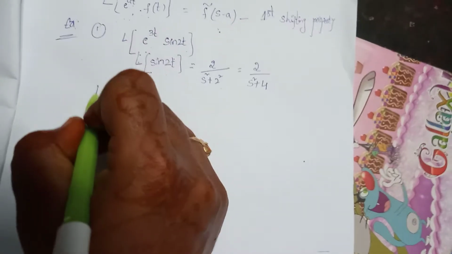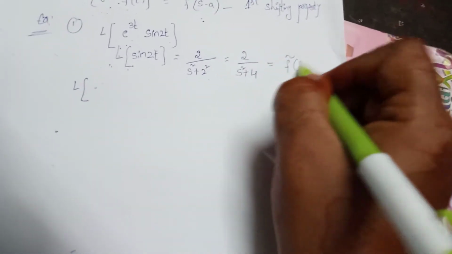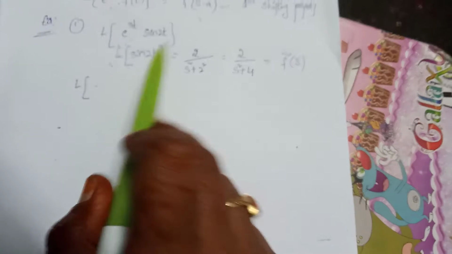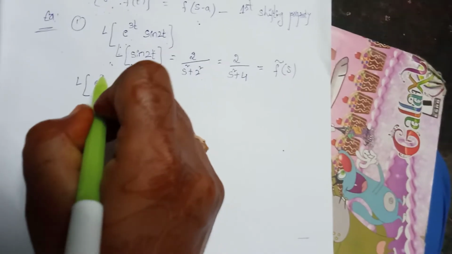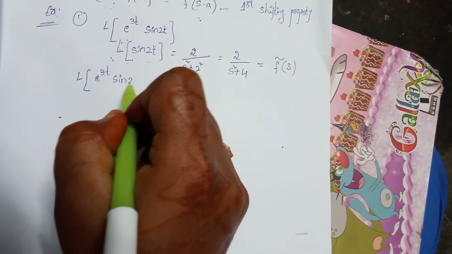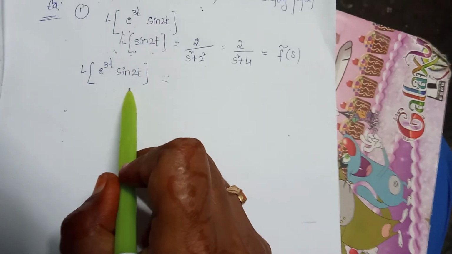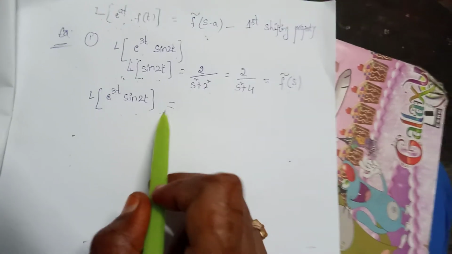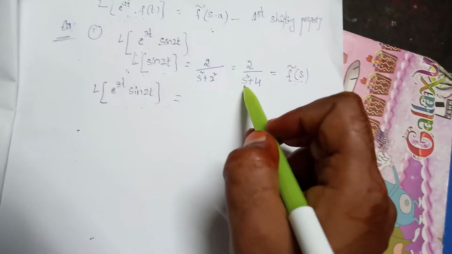Now this is called f bar s, since L of f of t is equal to f bar s. Now we take L of e power 3t into sin 2t. Using the first shifting property, f bar of s minus a, here f bar s is 2 by s square plus 4.